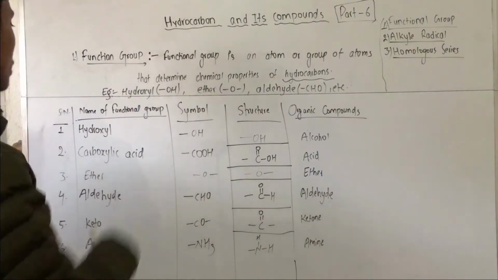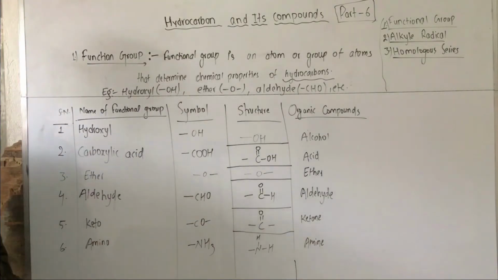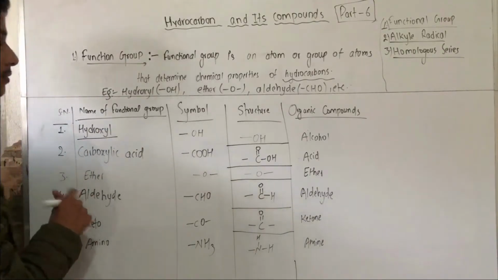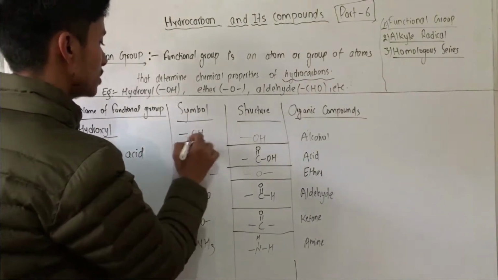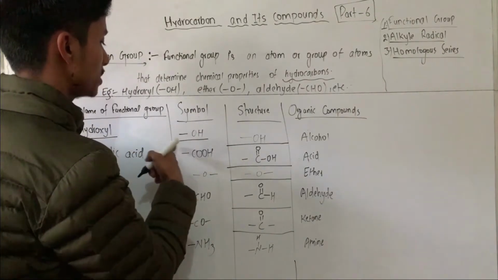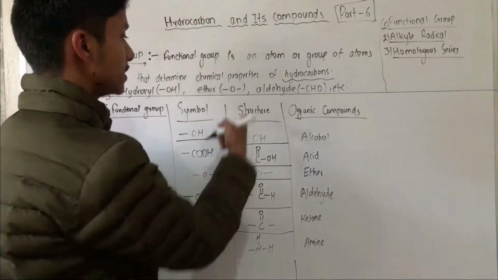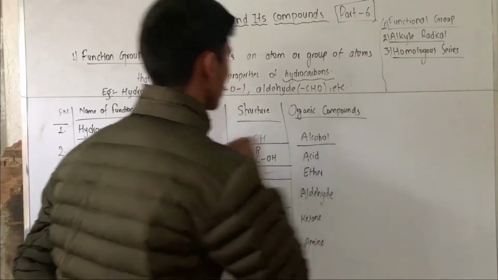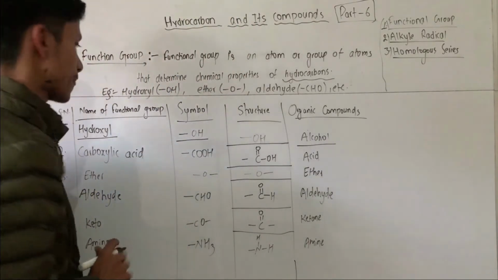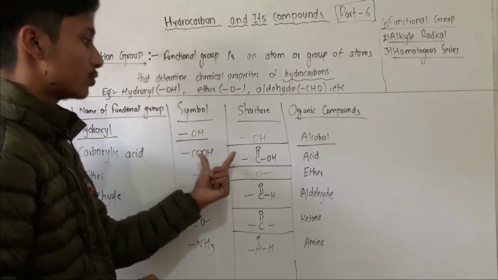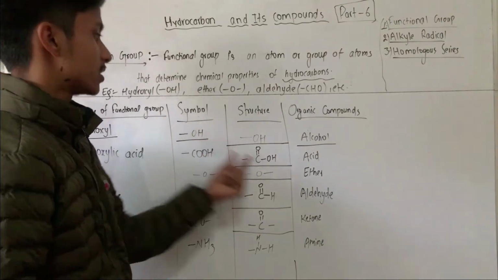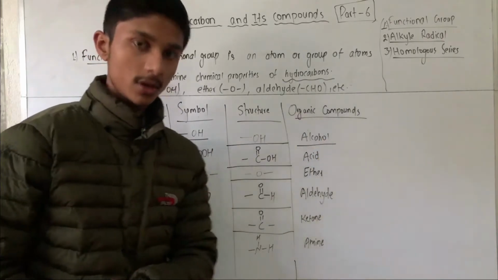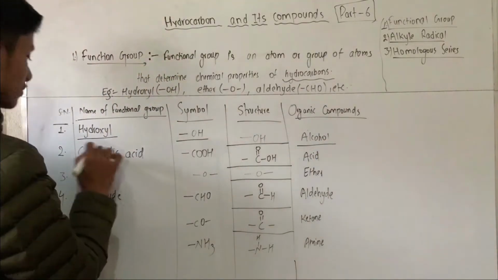Here are some functional groups. In first number, hydroxyl, and its symbol is OH and its structure is OH. In organic compounds, OH means alcohol. If any compound has OH, then we understand that such a compound is alcohol. Okay, and in second number, carboxylic acid.